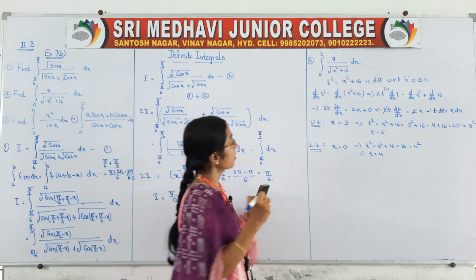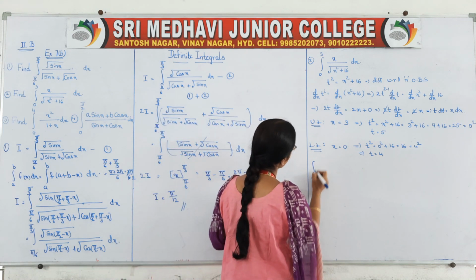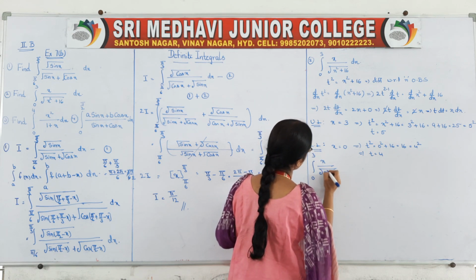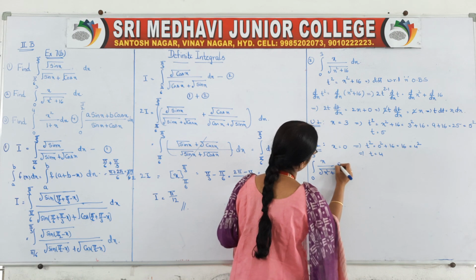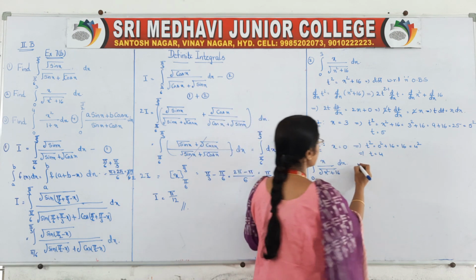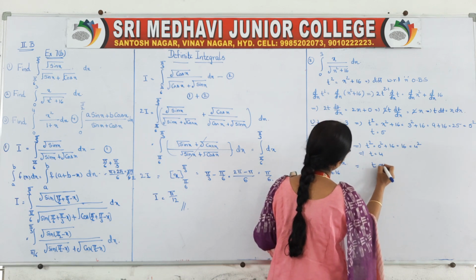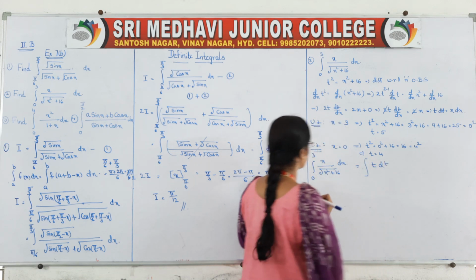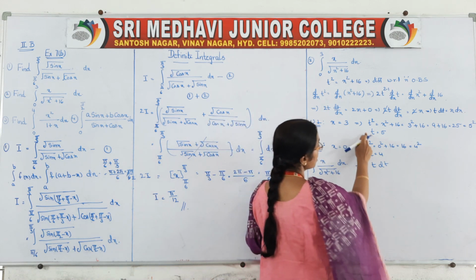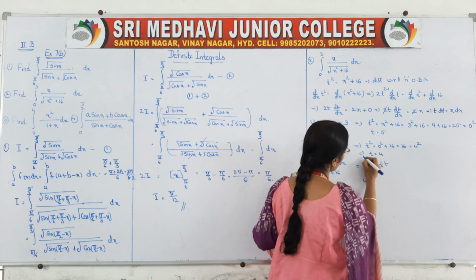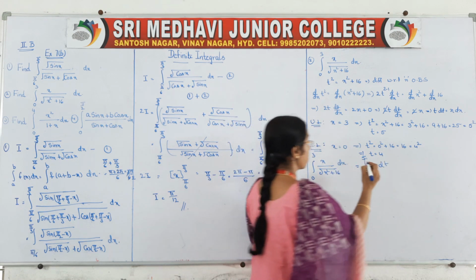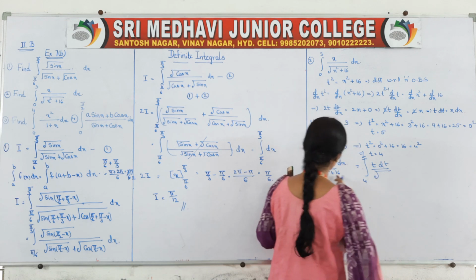Okay. Now you take your original problem, integral 0 to 3 of x by root of x square plus 16 into dx. x dx we got as t dt, isn't it? And what are the limits? With respect to x, 0 to 3; with respect to t the values are 4 to 5, upper limit is 5, lower limit is 4, by root of, what is this?